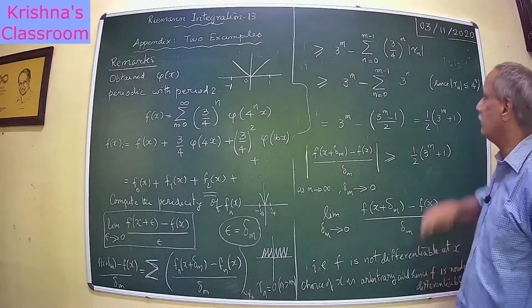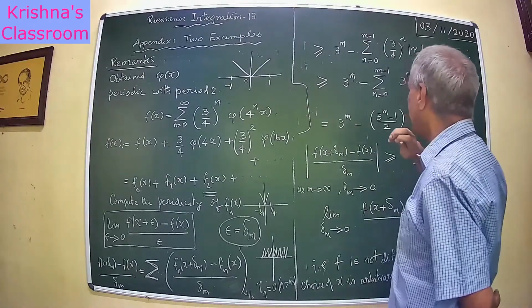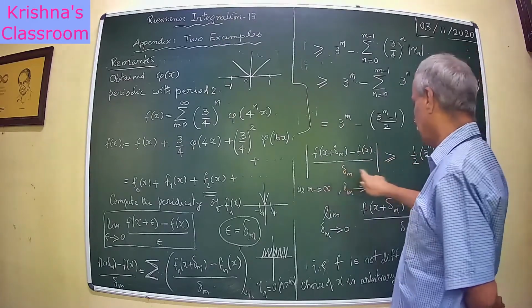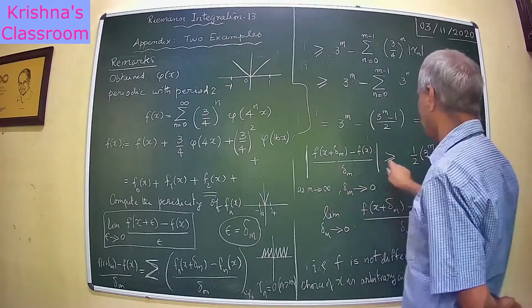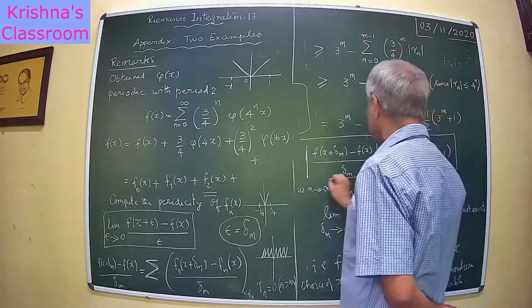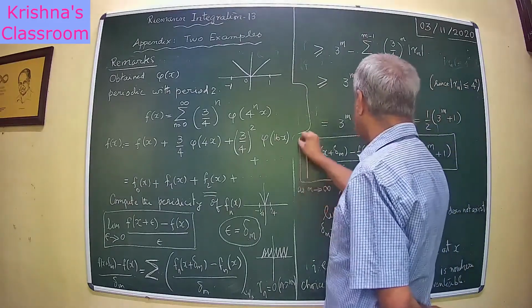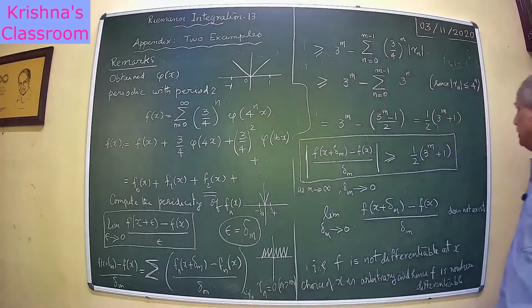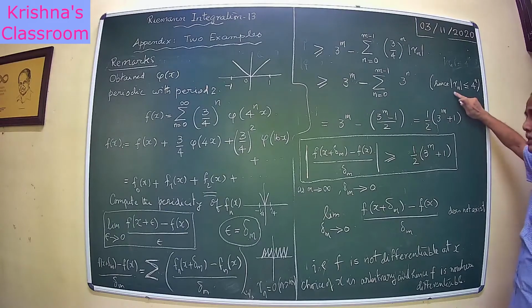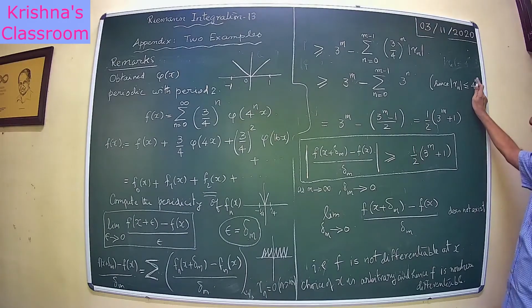And this is the estimate that you obtain, and you show that this is in fact greater than or equal to half of 3 to the power m plus 1. This is because of the inequalities that you have, namely mod gamma n is less than or equal to 4 to the power n.